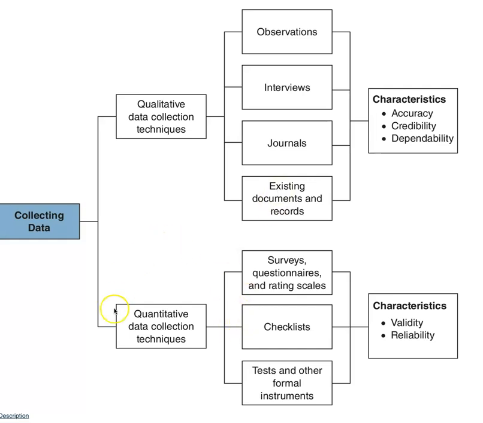When we look at quantitative data collection techniques, right, typically we use surveys, questionnaires, and rating scales. Other ways, there's also checklists or then tests and other formal instruments, right? For example, psychological tests, and even a lot of the rating scales, they are actually a lot of work to initially develop, right?